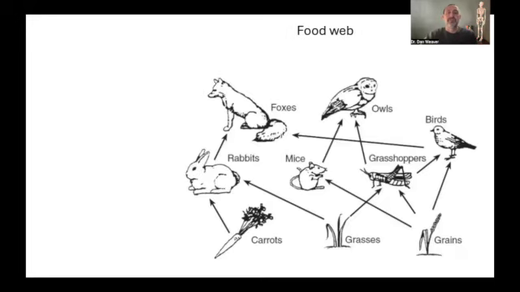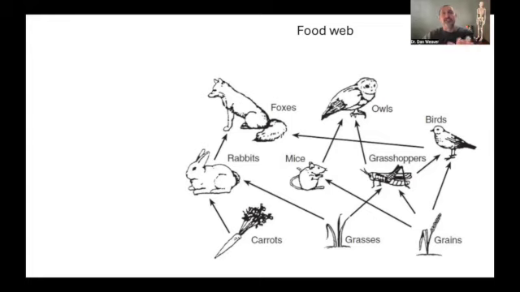Here's another example of a food web. You can see the interactions between these different living things and where that energy is going. But understand that they are related. For example, if someone were to spray a pesticide to kill the grasshoppers because the grasshoppers are irritating them, can you notice that with the grasshoppers gone, there's not going to be as many things eating the grains and grasses.